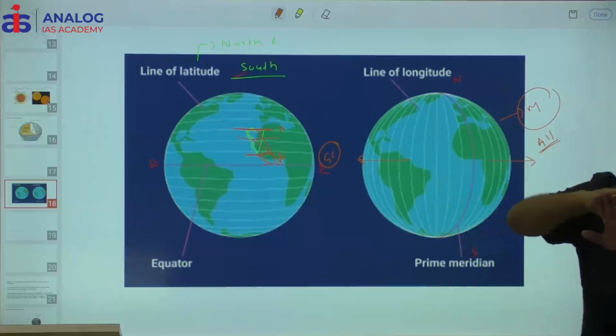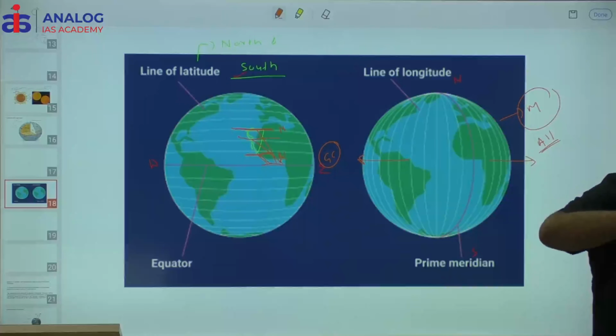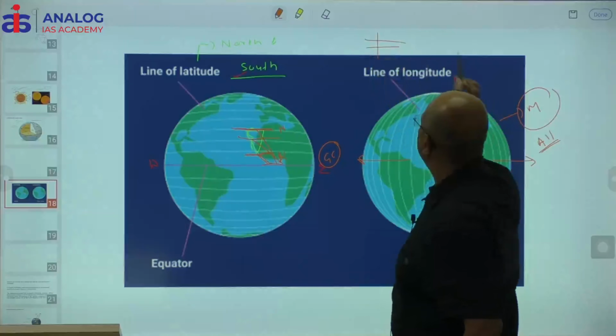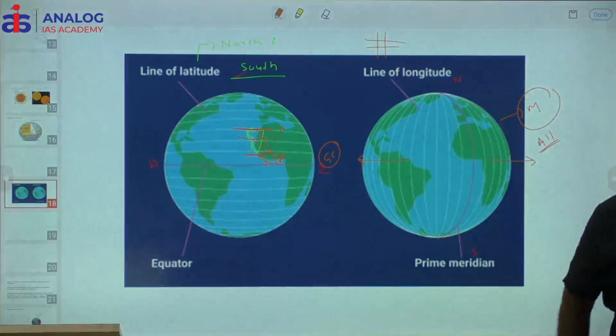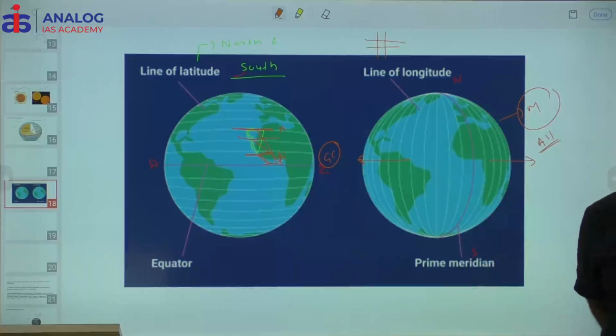Now when you combine latitude and longitude, you get a grid, and that is the basis of cartography. Now, if you take latitude and longitude, which imaginary lines are equal?